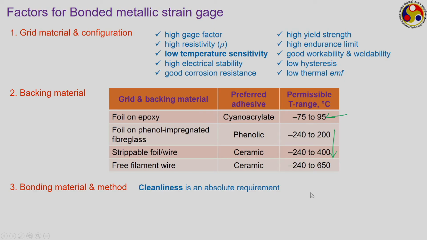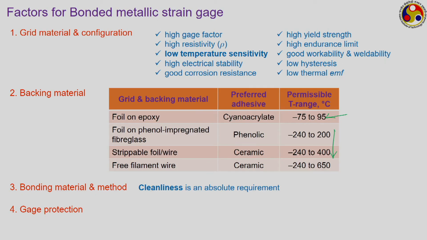The measurement site has to be absolutely clean, perfectly free from any kind of dirt or oil or moisture, even paint. That is, we always want the specimen to be as clean as we can have, removing any dirt and moisture, removing any traces of paint from that surface, and then fix the strain gauge on the bare surface with utmost cleanliness.